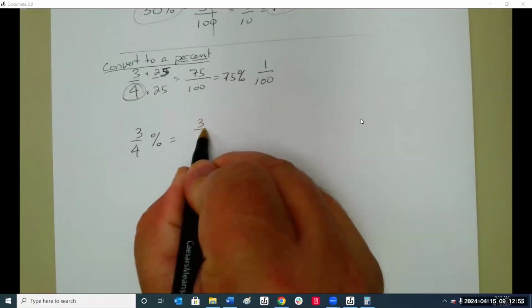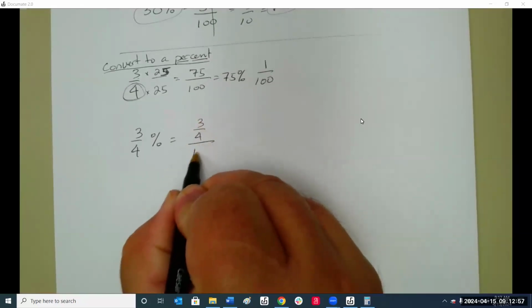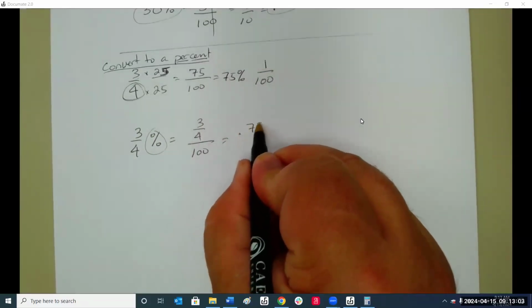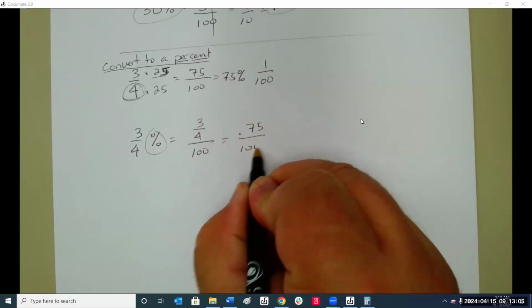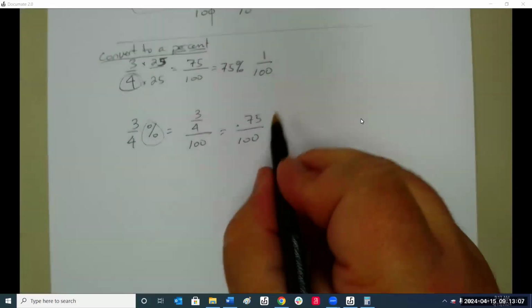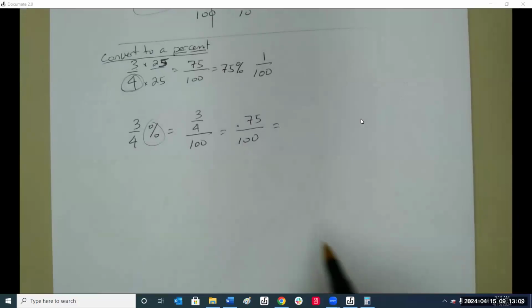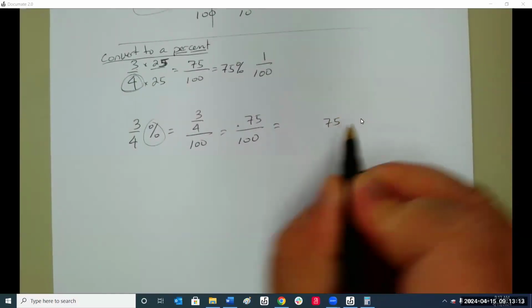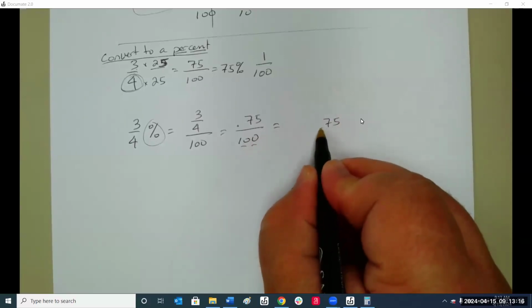So it's 3 divided by 4 over 100. That's the percent. 3 over 4 is 0.75. And when you divide by anything, you go to the left. So we have to go 2 spaces to the left.